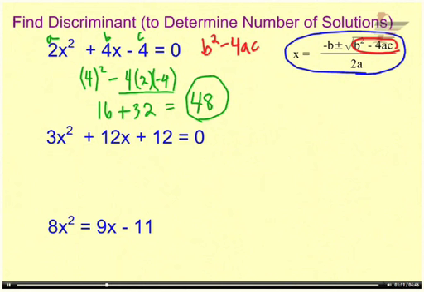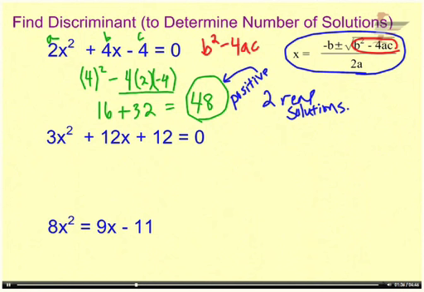Now what does this tell us? Because the discriminant is positive, that means that we are going to have two real solutions. Mathematicians call them real solutions, so we didn't have to bring in the imaginary number at all.